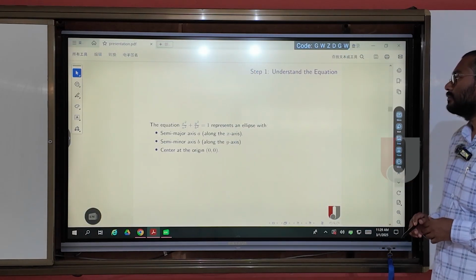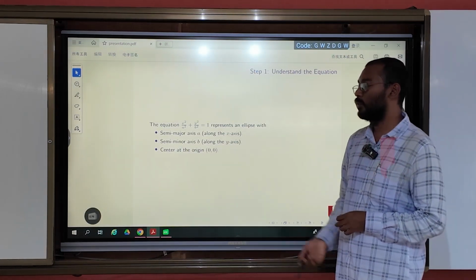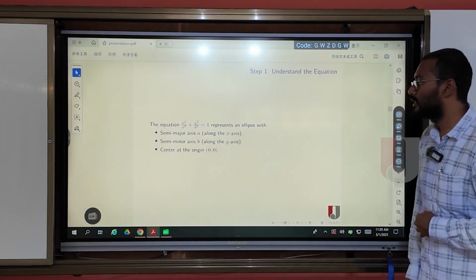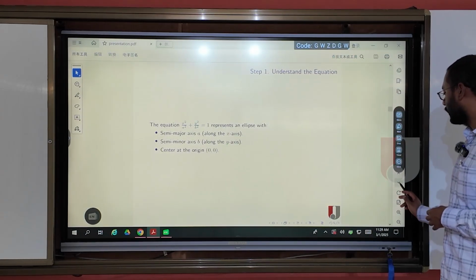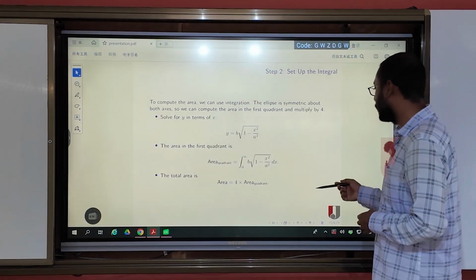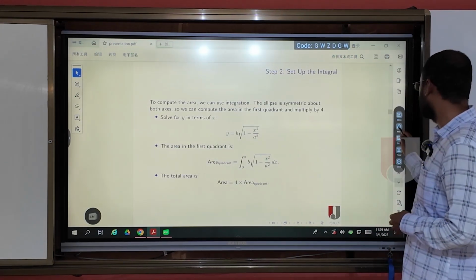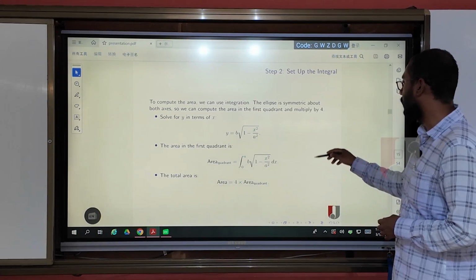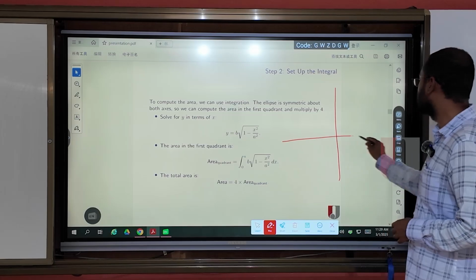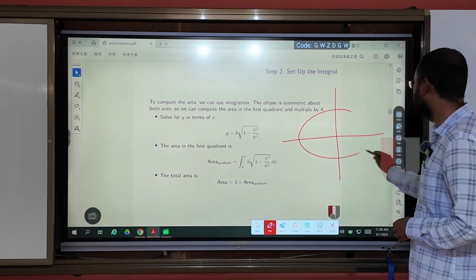You know this is the major axis and this is the minor axis. A is the major axis and B is the minor axis, with center at the origin. Now a similar method can be used here, as with the circle.